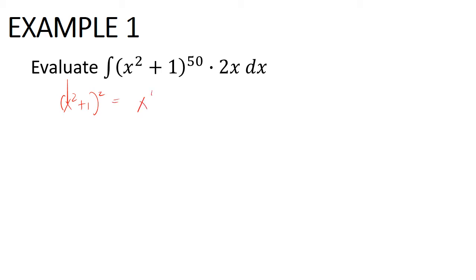Actually, magiging x raised to 4 plus 2x squared plus 1 lang yan. Kung x squared plus 1 cubed, pwede pa rin naman, manageable pa rin. X squared plus 1 raised to 4, manageable pa rin, pero medyo matagal na.